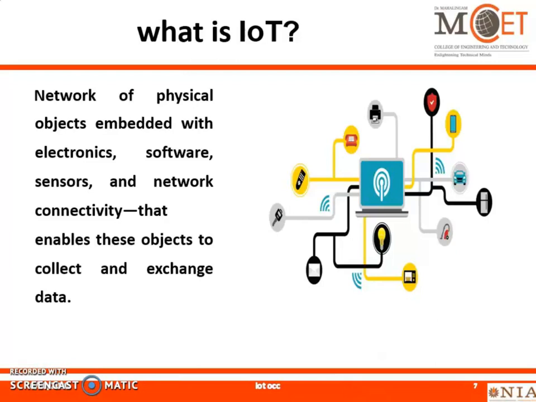Physical objects, in the sense things, embedded with electronics, software, that is sensors, should be programmed, and the communication, the data transfer between those objects, happens with the help of network connectivity. So they communicate with each other and transfer the data. So with this basic definition, we will come to an end of the first session.